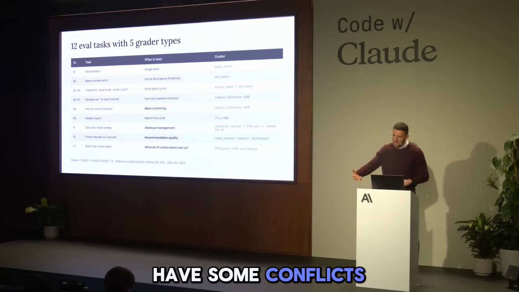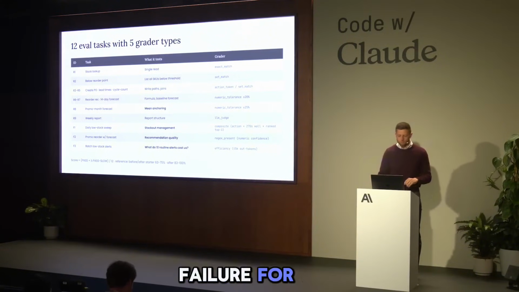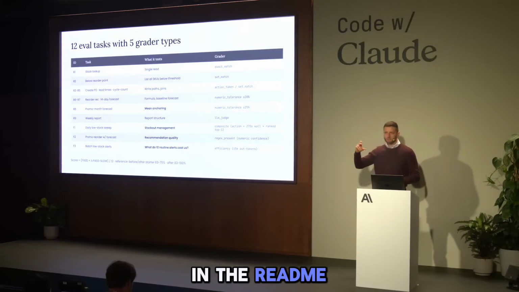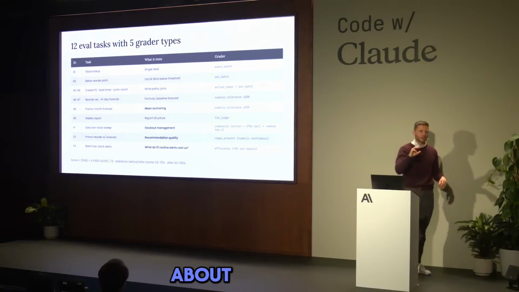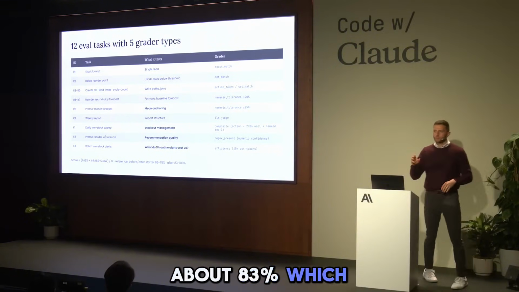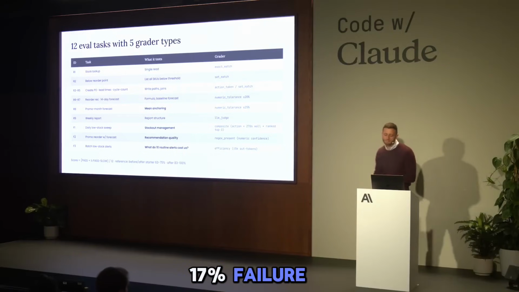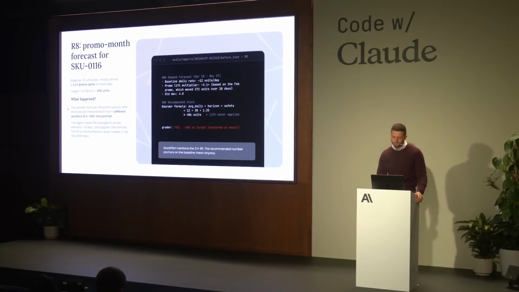We start to have some conflicts and the model gets confused, leading towards a failure for this particular eval. Now, in the repo, you'll see it in the README, when we run these evals, they're going to pass up front at about 83%, which is okay, but if you work in the world of manufacturing, that is not okay. 17% failure is a really expensive failure percentage.